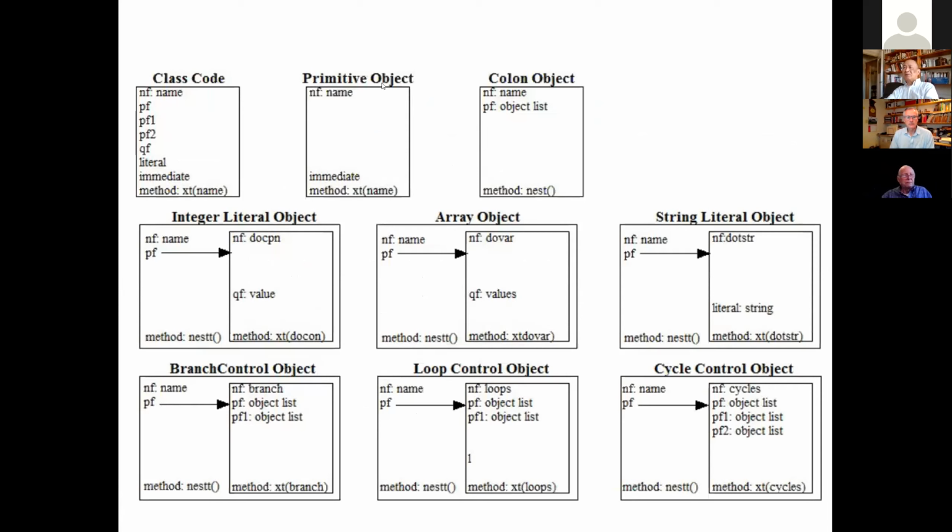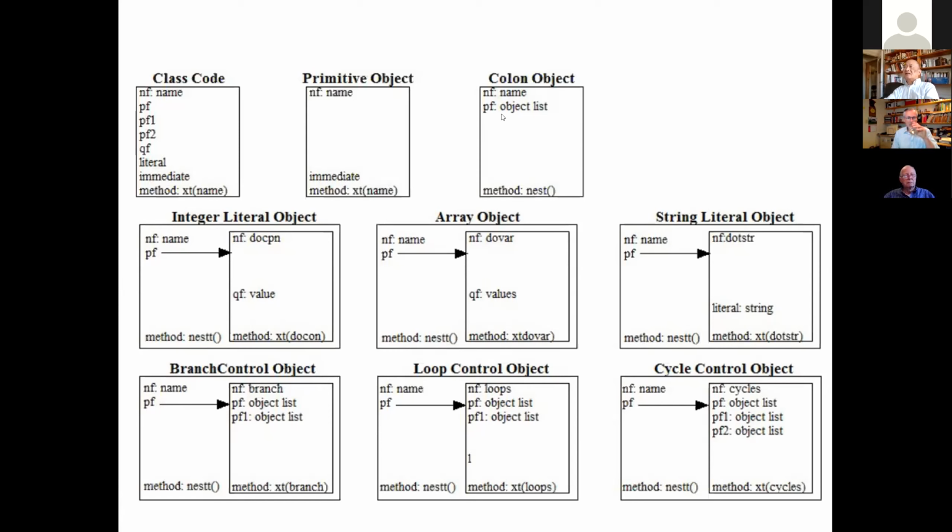For example, the primitive object has a name, an optional immediate flag, and a method. All the colon objects have a name and a PF field, which contains an object list. And all the colon objects are executed by this inner interpreter, next.